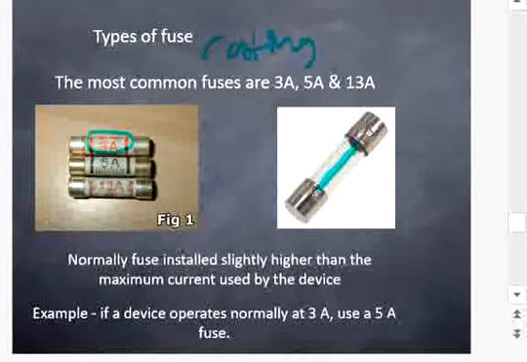You know what happens to a wire, if you pass a large amount of current, it will heat up. When there is overflow of current, the wire will heat up and then burn and then melt and break. Normally a fuse is installed slightly higher than the maximum current used by the device.